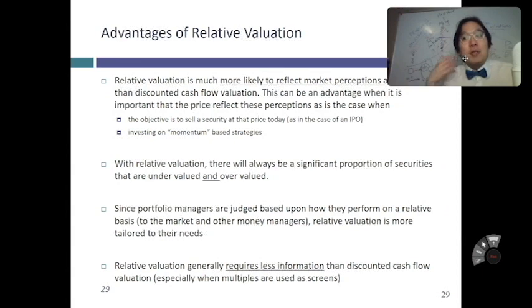If you try to sell your pitch, a buy or sell recommendation, with this kind of DCF approach, the people on the other side will kick you out because it's too time consuming.